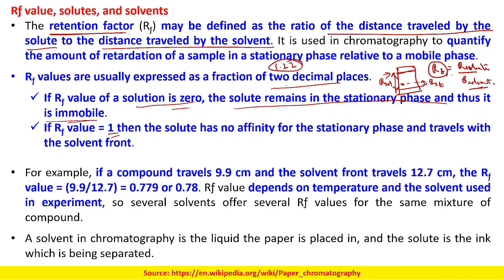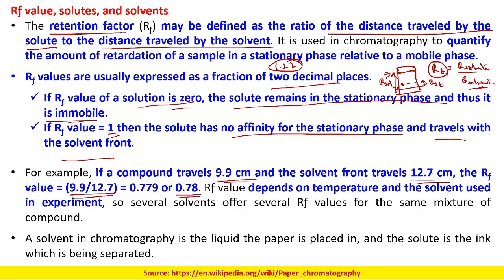Okay, so it has no affinity for the stationary phase and travels with the solvent. For example, if a compound travels 9.9 centimeters and the solvent front travels 12.7 centimeters, the RF value would be 9.9 divided by 12.7, which is 0.78.